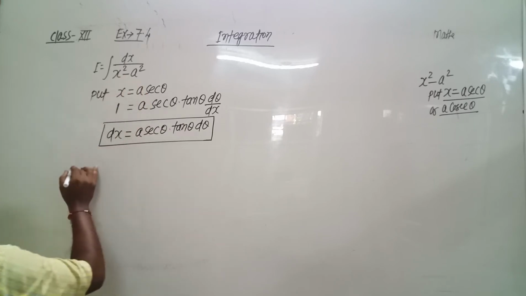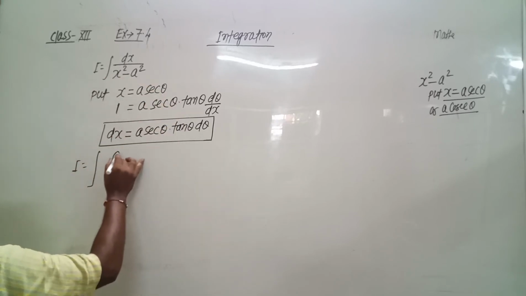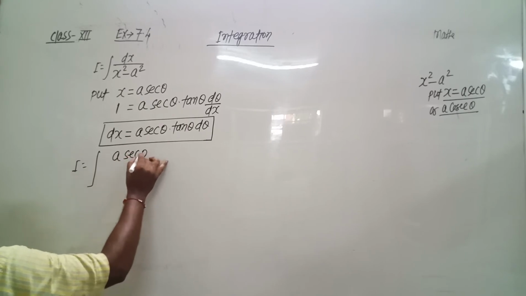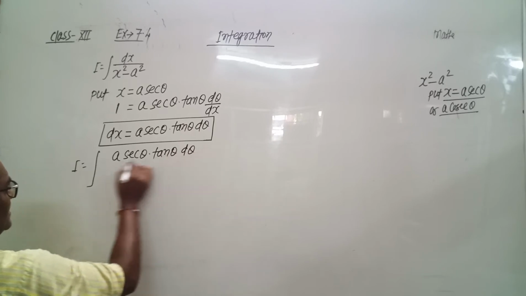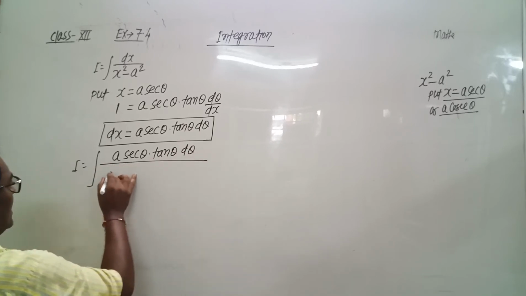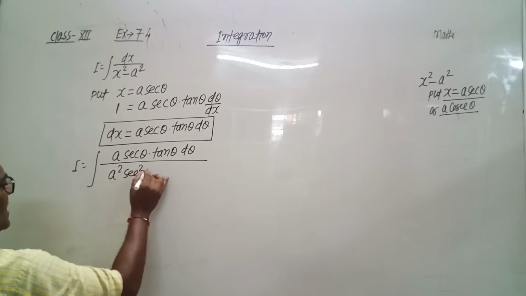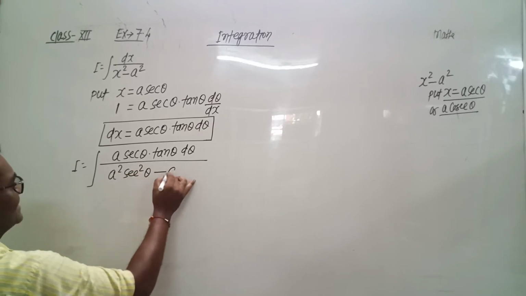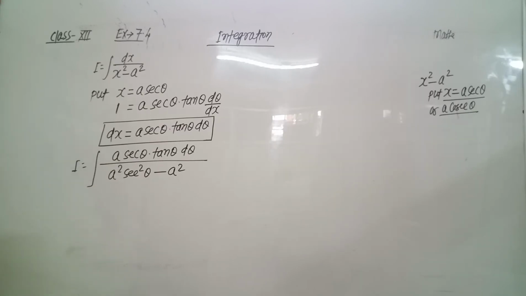Now put the value in I equals integration. In place of dx we will write a sec theta tan theta d theta upon x square minus a square, meaning a square sec square theta minus a square.